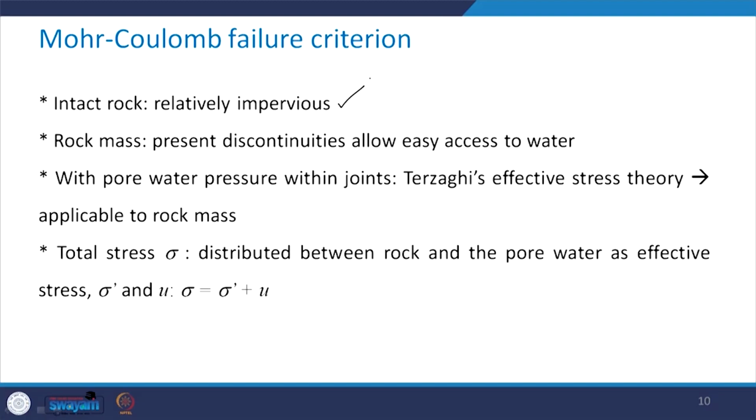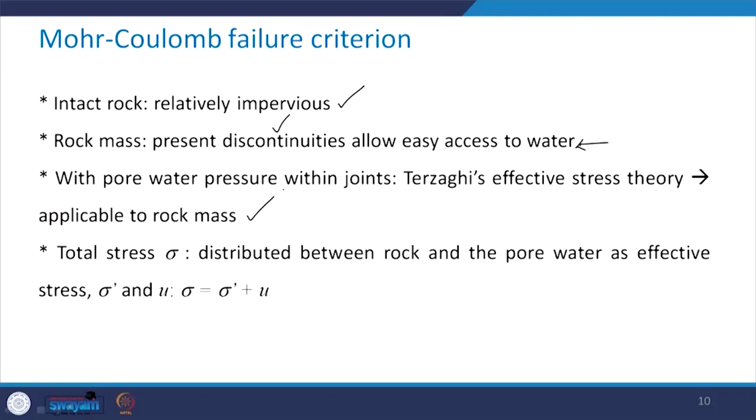However, in case of the rock mass, due to the presence of discontinuities, there is easy access to the water, because these discontinuities allow the water to flow through them. Now, what happens because of that? When the water is there within the joints, it exerts pore water pressure, and therefore Terzaghi's effective stress theory becomes applicable to the rock mass in such situations.